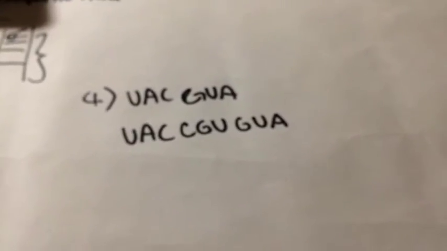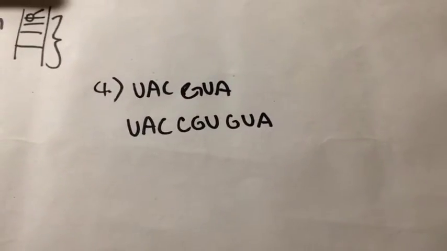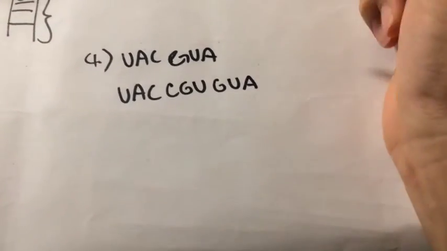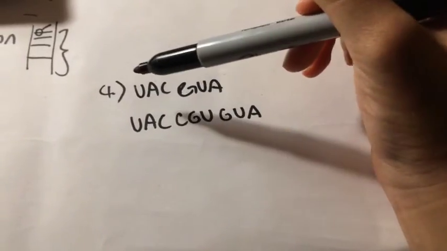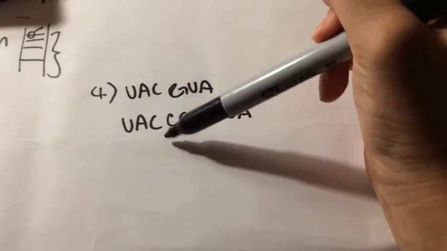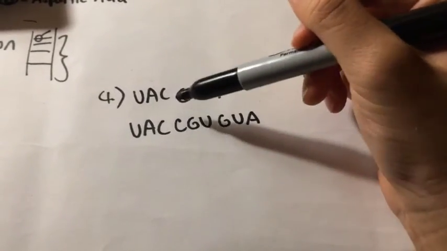The last kind of mutation that could happen is one that can cause pretty drastic changes, because if this is the original code, they then add an entire codon into this. They each have their own individual amino acids.